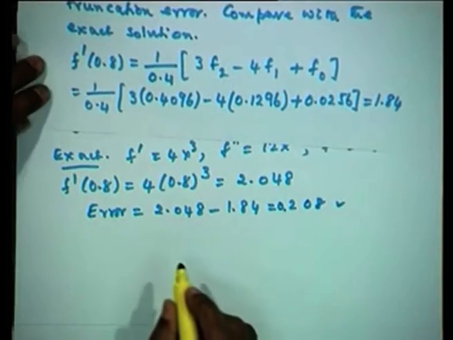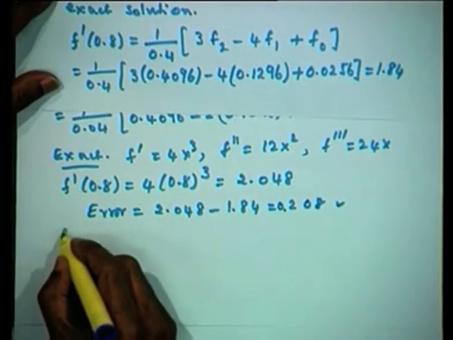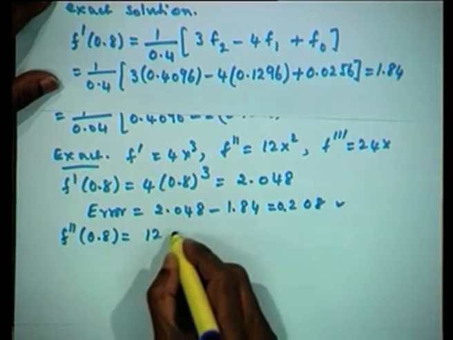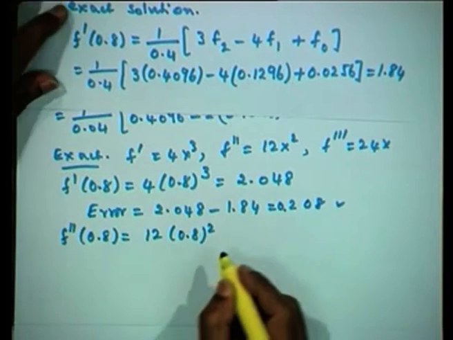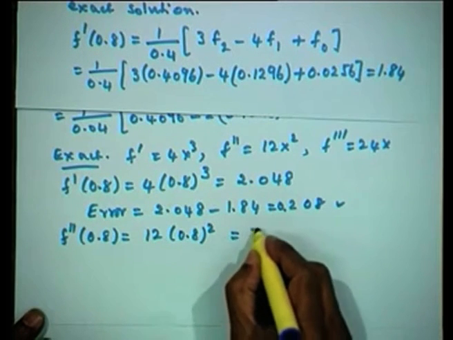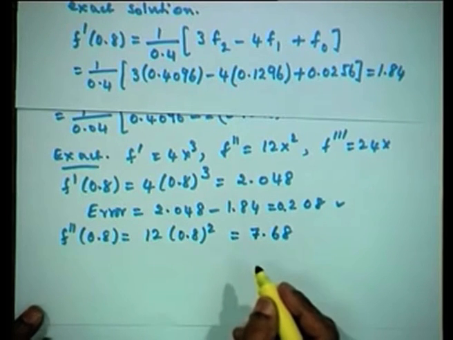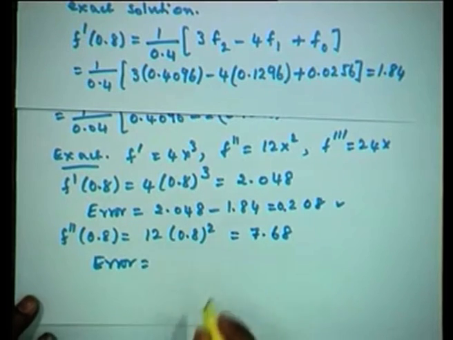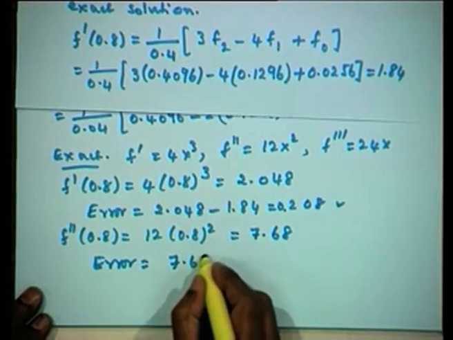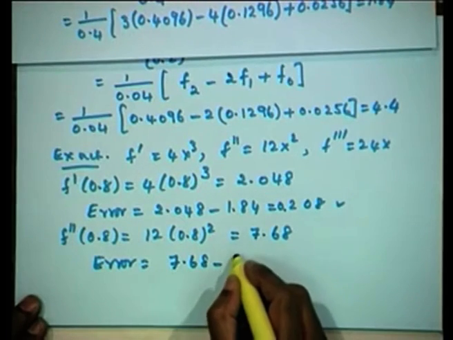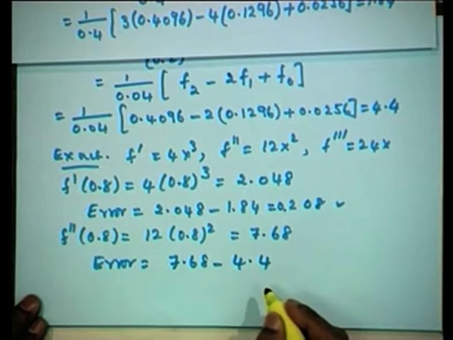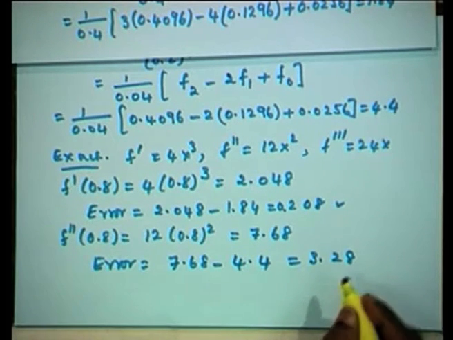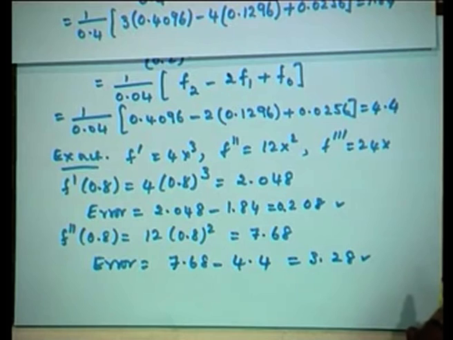Now, the exact second derivative f double dash at 0.8 is 12 into 0.8 whole square, which is 7.68. The error in this case is the exact solution 7.68 minus the numerical solution 4.4. Therefore, the error is 3.28. These are the actual errors in the problem.